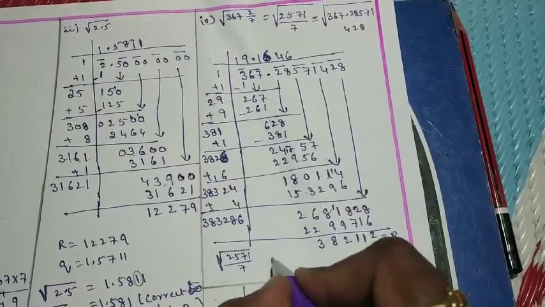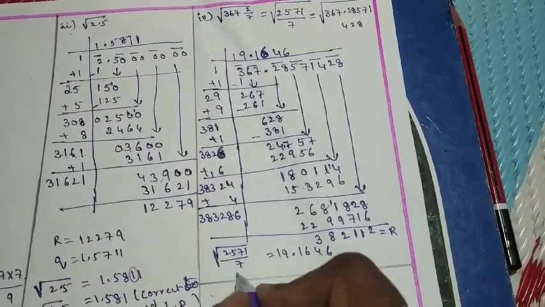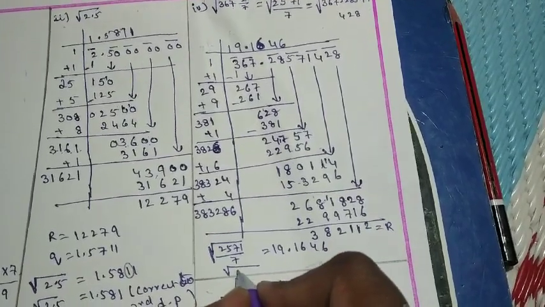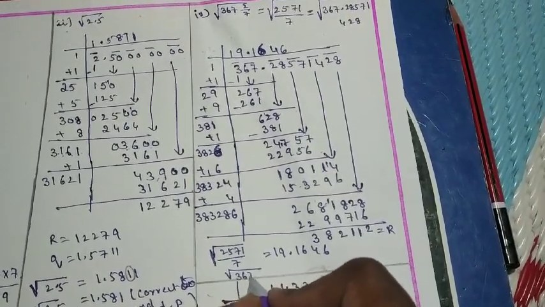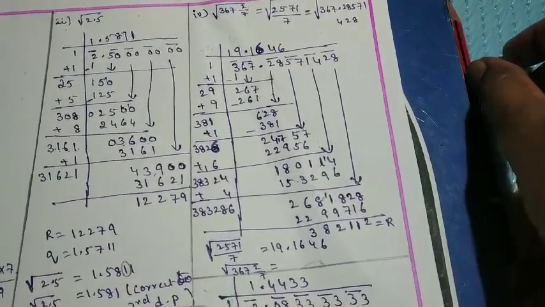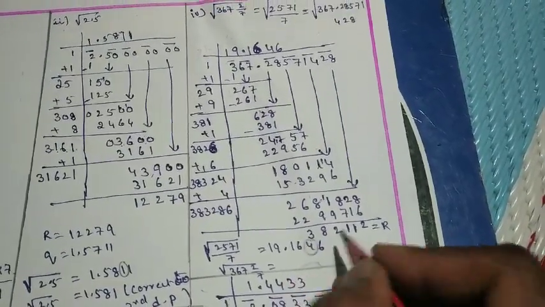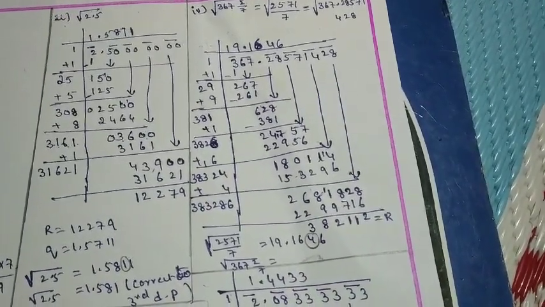the answer is 19.1646. But the question asks for rounding to the third decimal place. Therefore we need to find till the fourth decimal place. We have found it, and the fourth decimal place is 6, which is greater than 5.